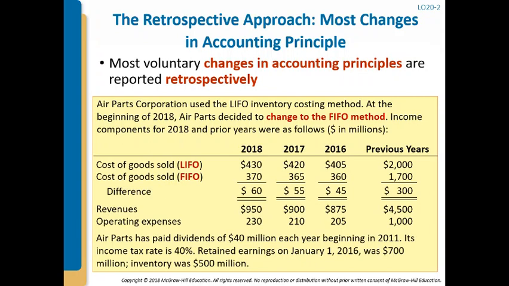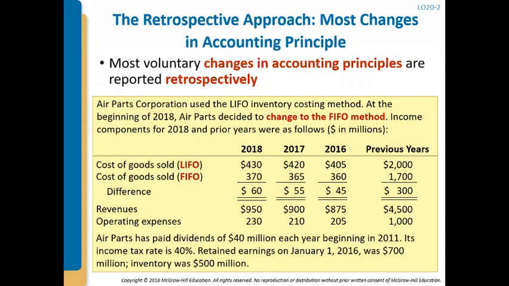All right, so most changes in accounting principle require using the retrospective approach. Certainly, most voluntary changes in accounting principles are reported retrospectively, such as when you change from LIFO to FIFO, as this company is here.